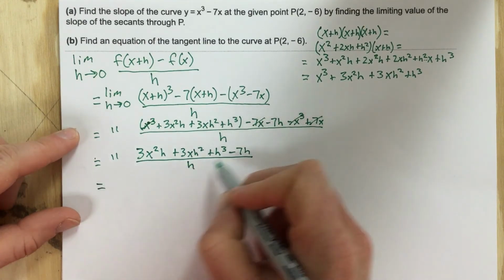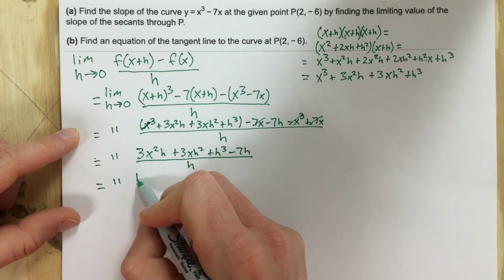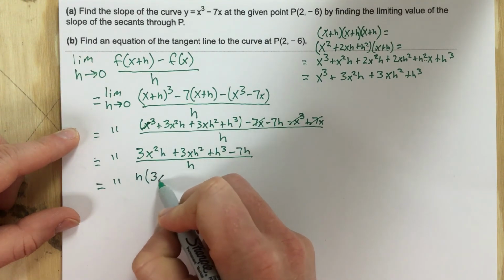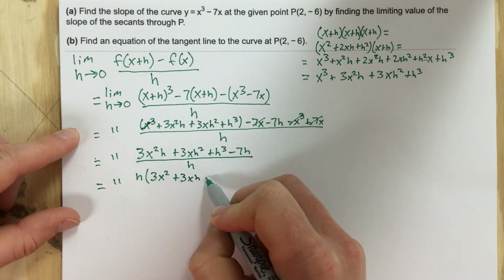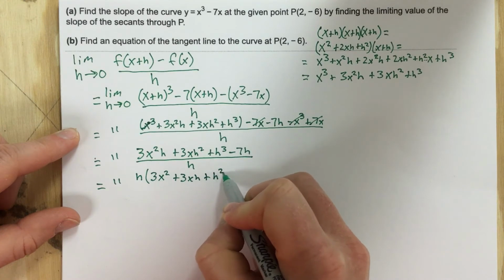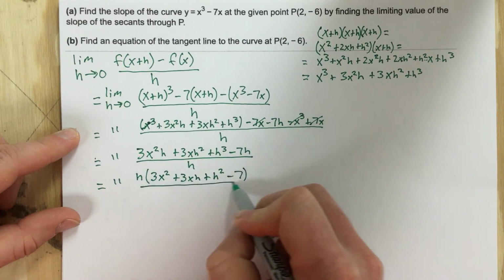Let's factor out an h out of the top, and when we do that, we end up with h times 3x squared plus 3xh plus h squared minus 7, all over h.